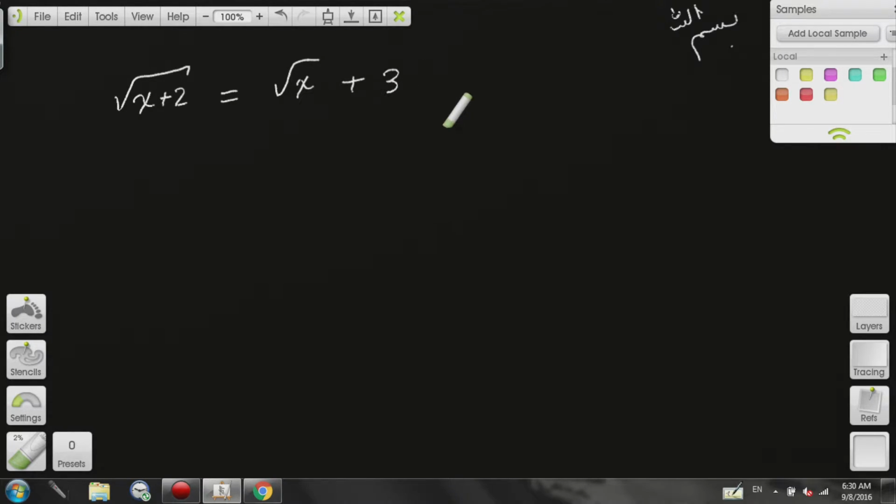This is different, see? This is different because here you have a radical symbol on both sides, I agree. But this side is not isolated, right? So what do we do now? Because if you square this, it's going to be a big mess, okay?